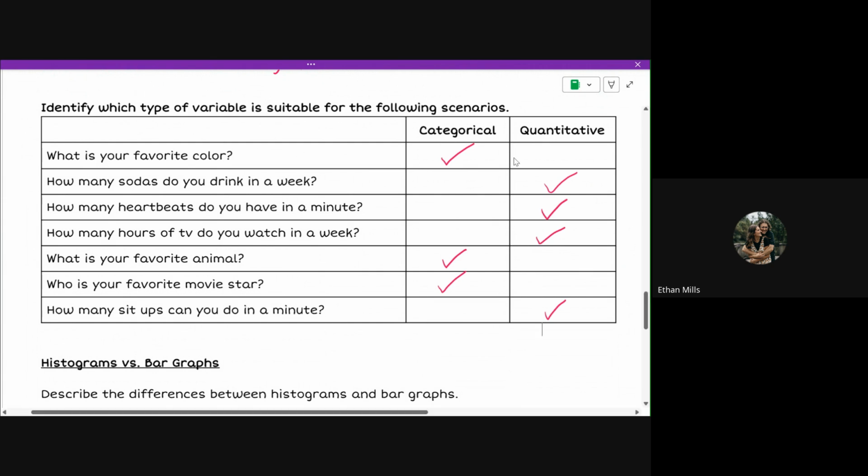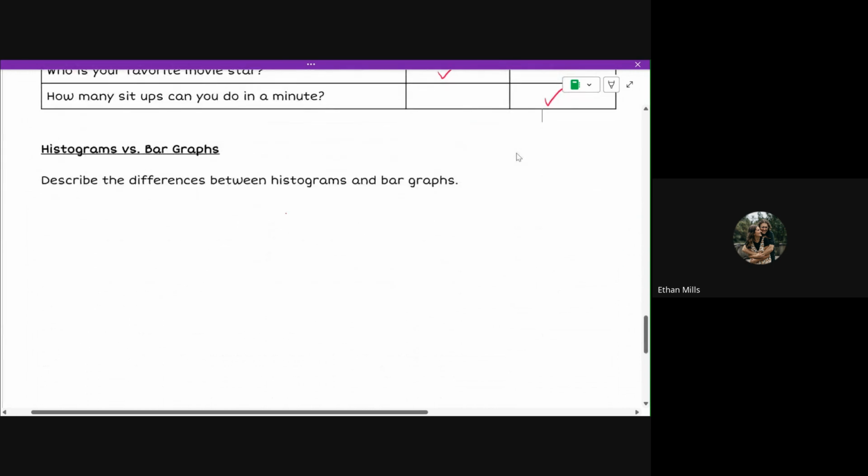So now, to finish it off, we're just going to describe the differences between histograms and bar graphs. Again, this isn't something that'll be on your quiz tomorrow, so you don't really have to freak out. But remember, histograms and box plots are pretty much one and the same. You can use both of them for quantitative data.